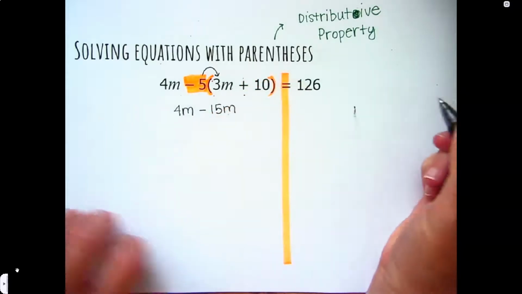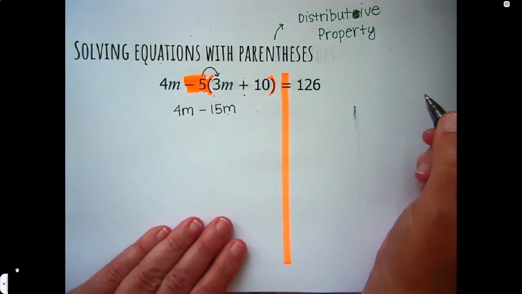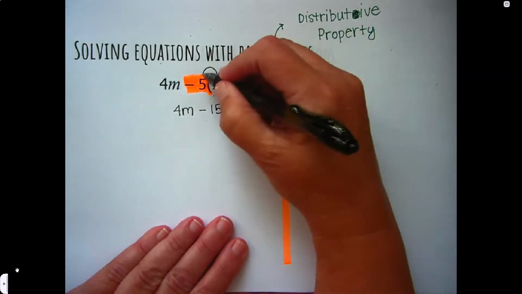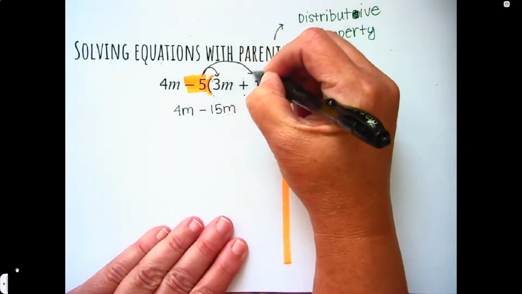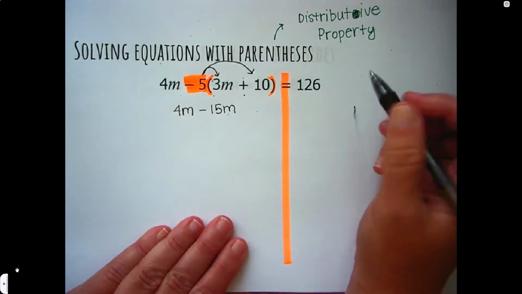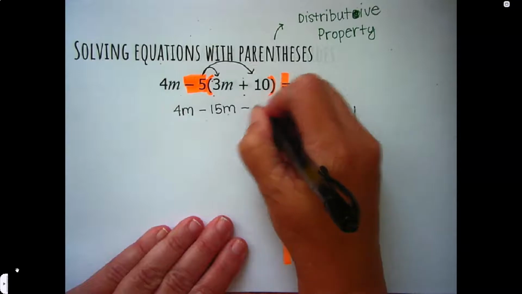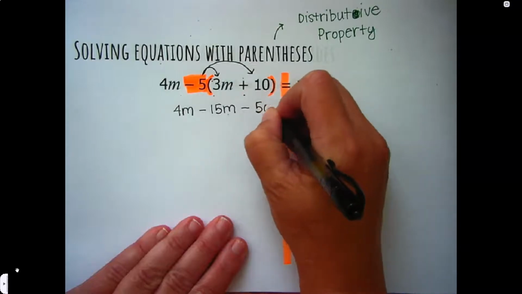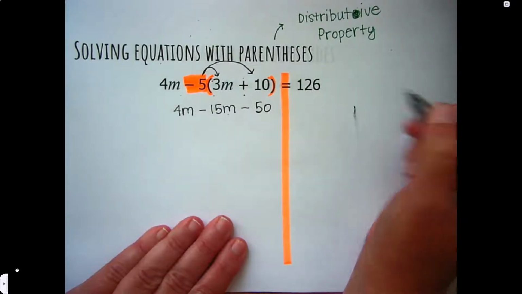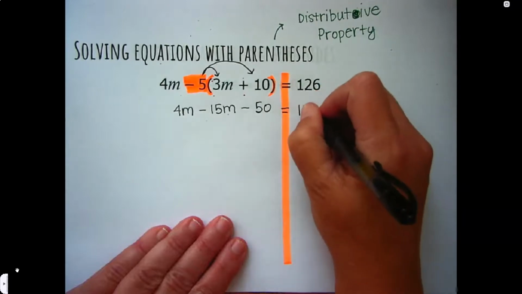So I'm going to put minus 15m. Minus because he's negative. Then I'm also going to do a negative 5 times a positive 10. Negative 5 times positive 10 is negative 50. So I'm going to put minus 50. Minus because he's negative. And then that's equal to 126.